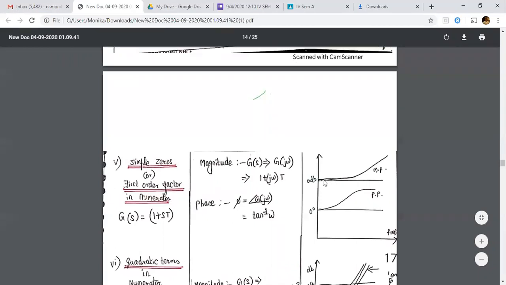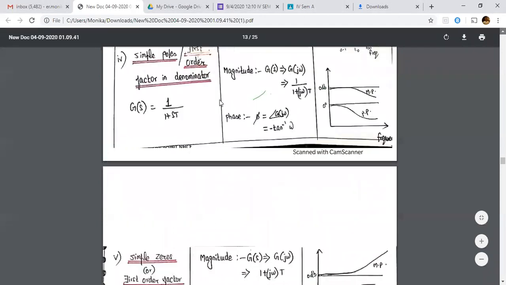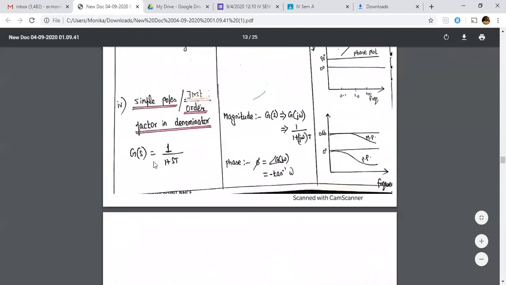In the low frequency region, it is 0 dB, and after this frequency omega c it is plus 20 dB per decade. Remember, in the numerator, it is 0 and then plus 20. Whereas in the denominator, when you have poles, it is 0 dB and then minus 20 dB per decade.